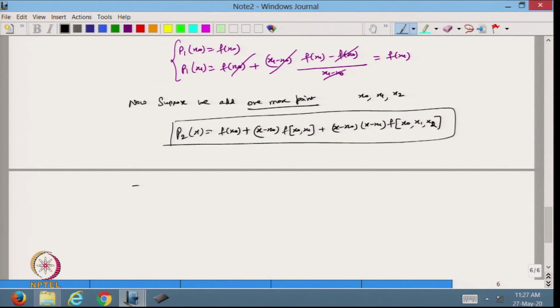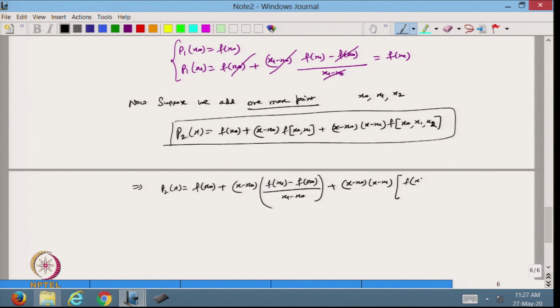So, from here I can verify that my p2(x) will be f(x0) plus (x minus x0) times f at x1 minus f at x0 divided by x1 minus x0, plus (x minus x0)(x minus x1), and then I can write from here the first divided difference.